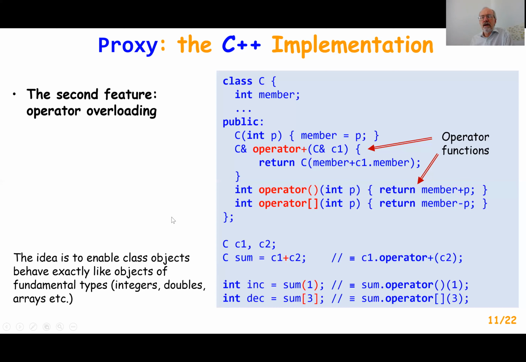And if you look at the line with addition, where we declare some variable, we initialize it with the operator plus. That is, we say that some instance of class C is initialized by the result of addition of C1 and C2, where C1 and C2 are class instances.